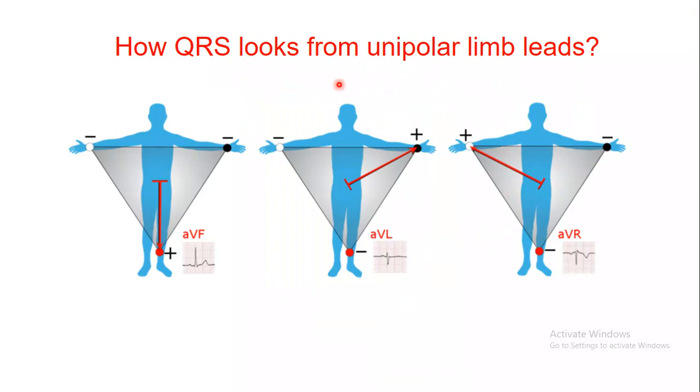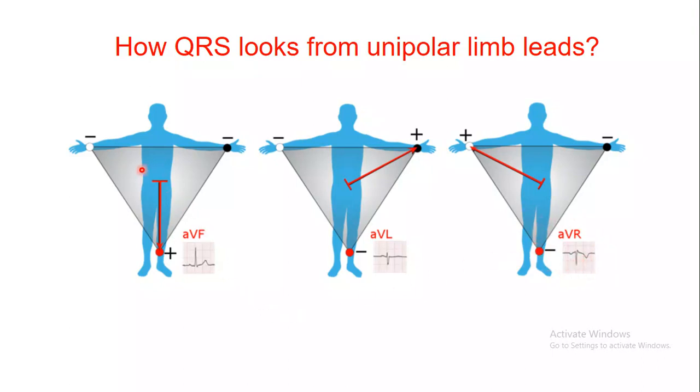So how does QRS look from the unipolar limb leads? As we just mentioned, as it is going away from aVR downwards and to the left, it is expected to be negative in aVR.